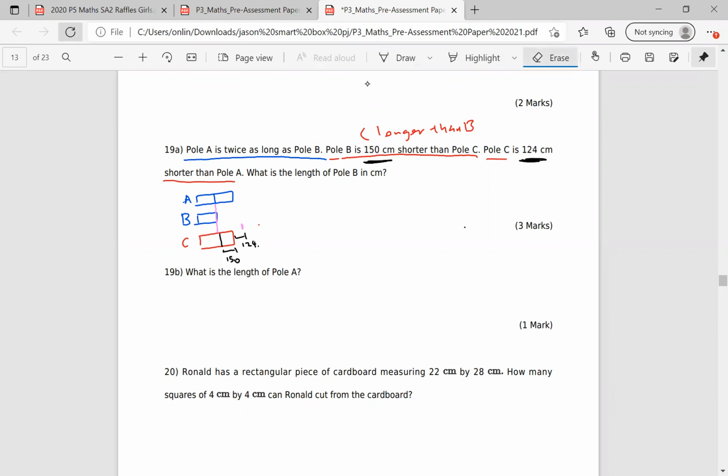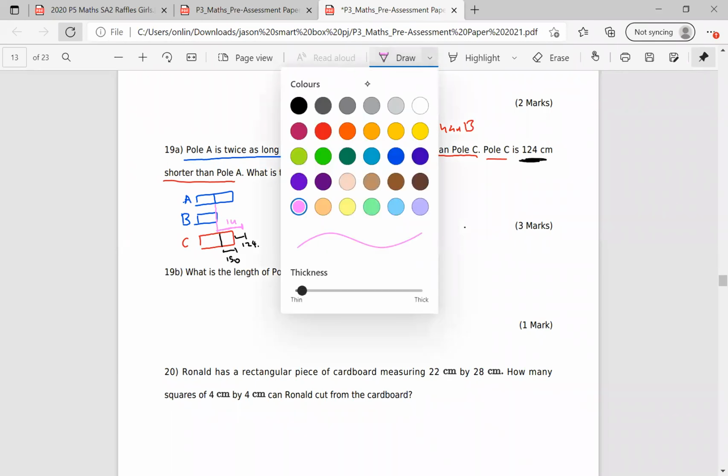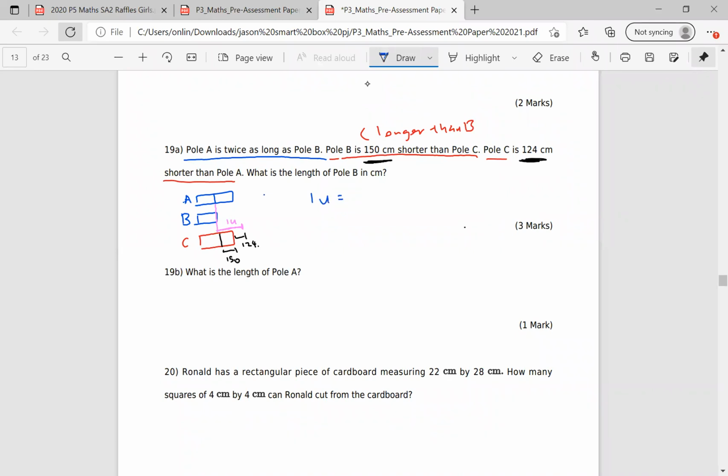Let us draw it in a more accurate manner so that there's no confusion. So here to here is what we just realized, which equals our 1 unit. So 150 plus 124 equals 274 cm, which equals our 1 unit.